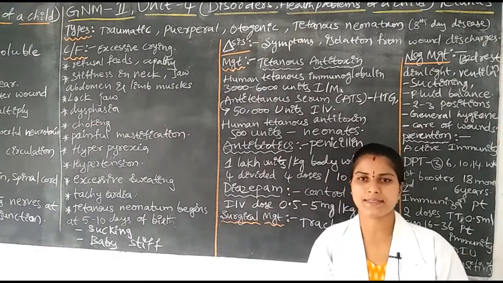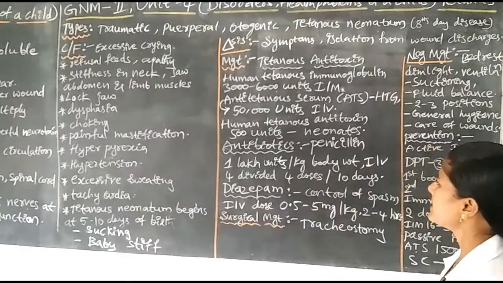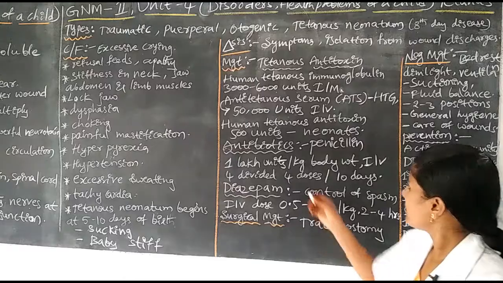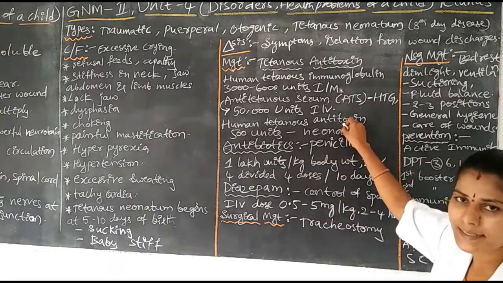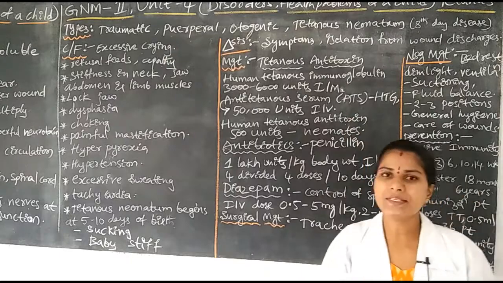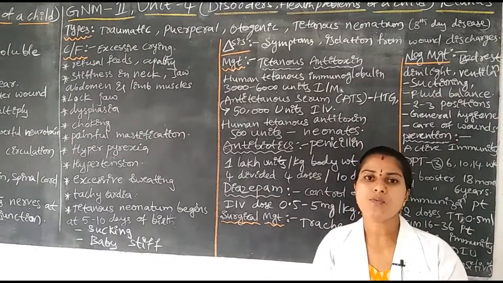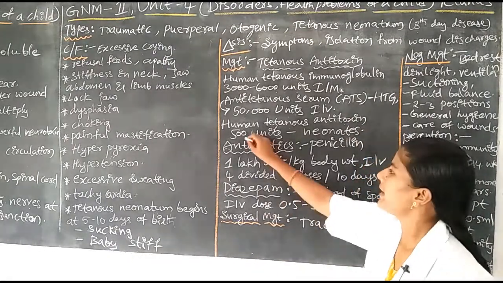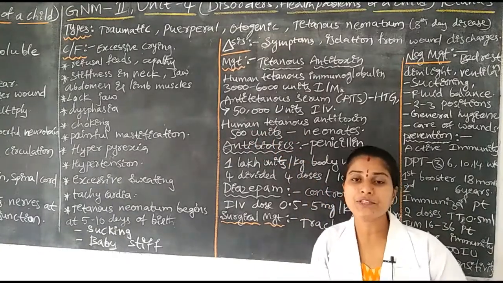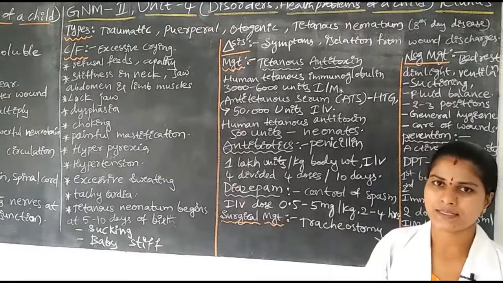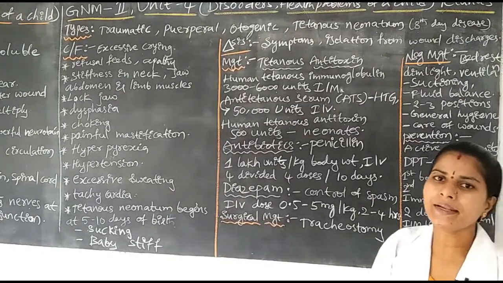Next, if we have to administer human tetanus antitoxin to neonates, the dosage is 500 units only for the neonates.